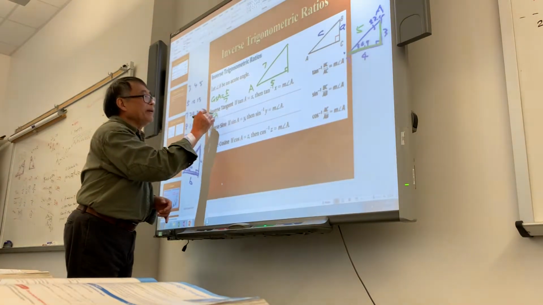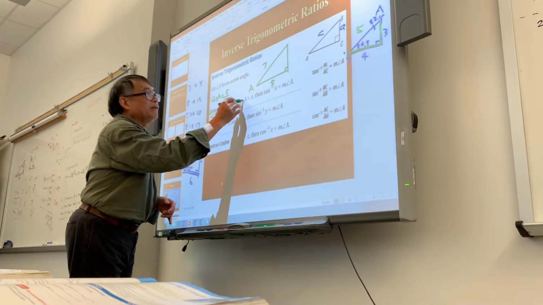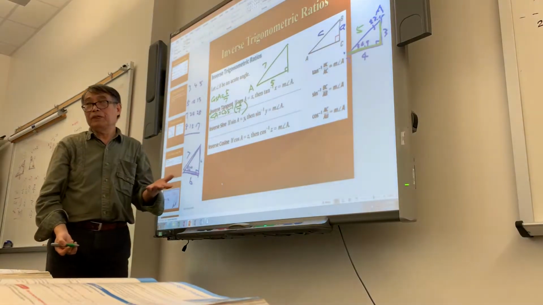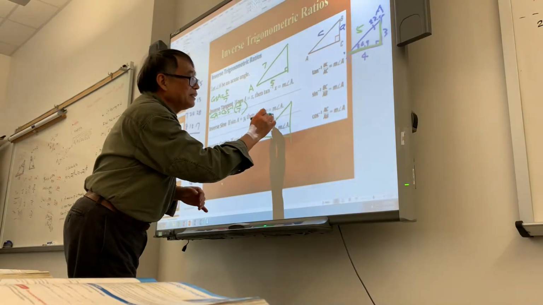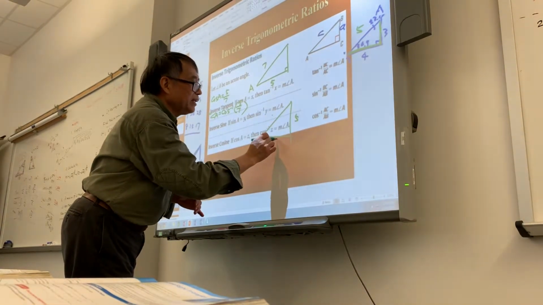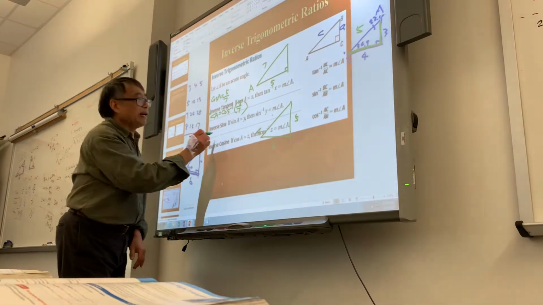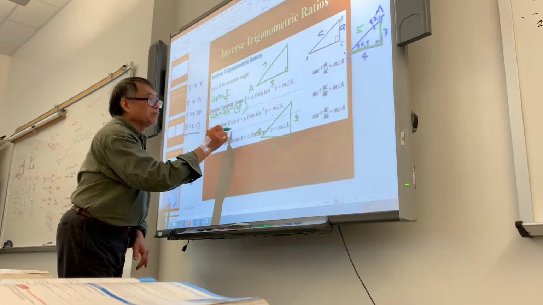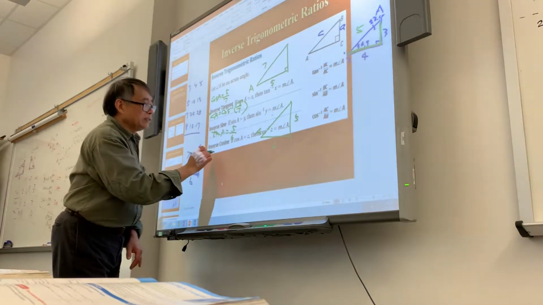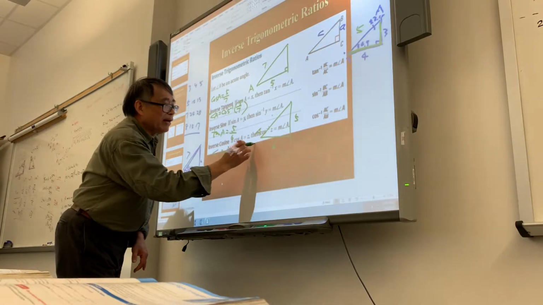So angle A measurement equals arc cosine 5 over 7. If the question is like this, this side is 6, so this is angle A, you have to use tangent A equals 5 over 6. So angle A equals arc tangent 5 over 6.